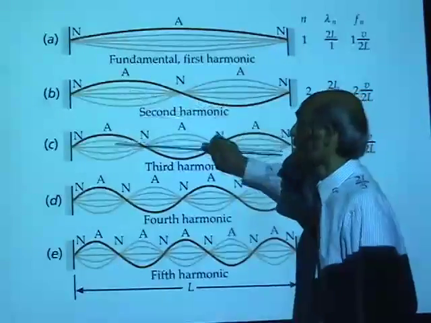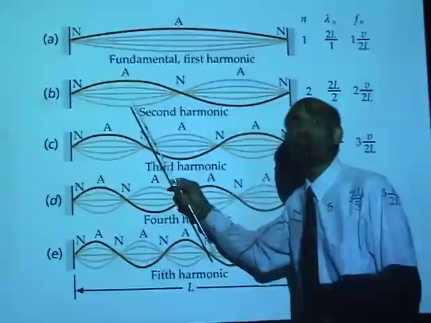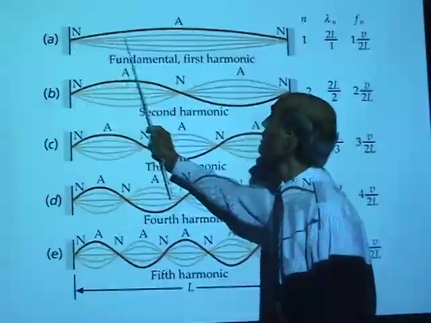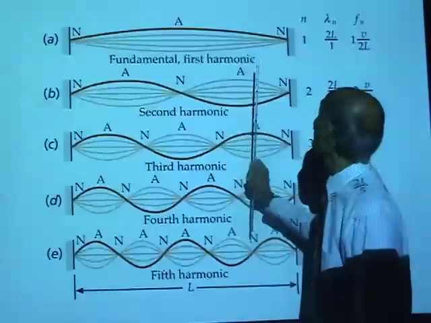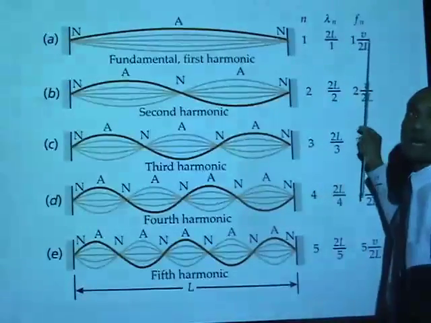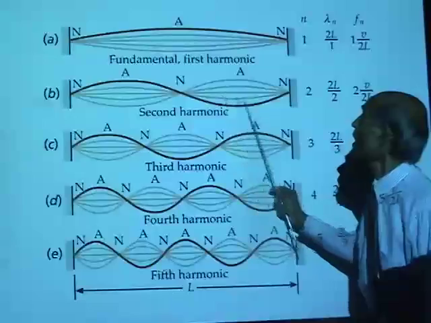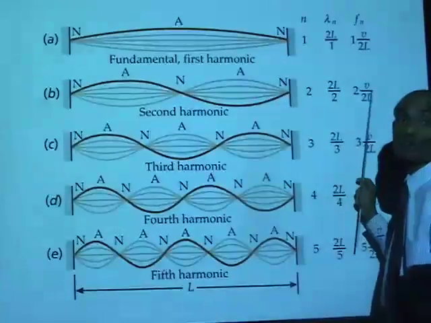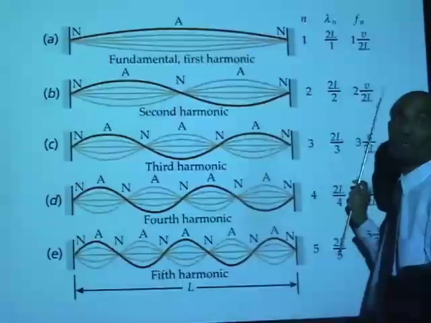Now, I have the diagrams illustrating many more modes of vibration. Look at this. The fundamental mode of vibration, the frequency is 1 times V over 2L. The second harmonic, the frequency is 2 times V over 2L, 2 times the fundamental.